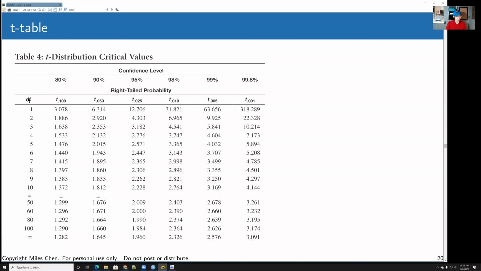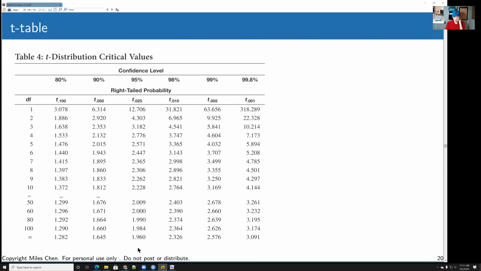And so when the degrees of freedom is equal to infinity, meaning your sample size is infinitely large, the values for the confidence interval are the same as the ones that we use for the normal distribution, which is going to be 1.96 for a 95% confidence interval.